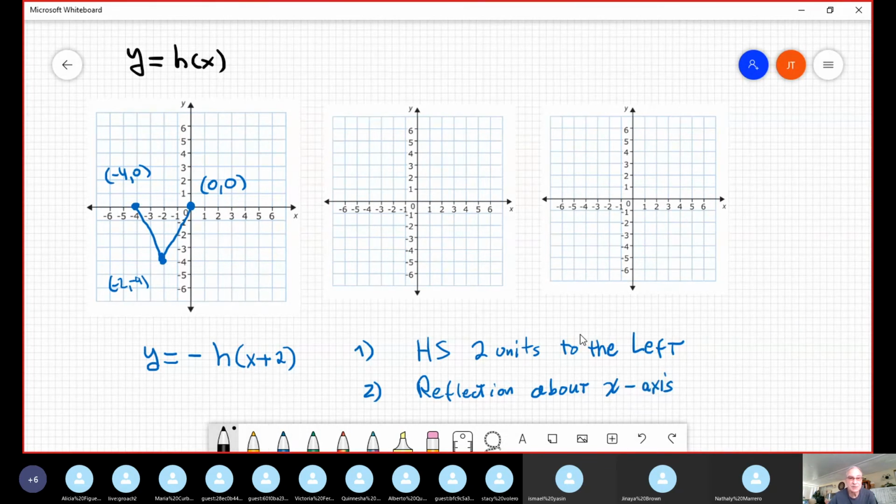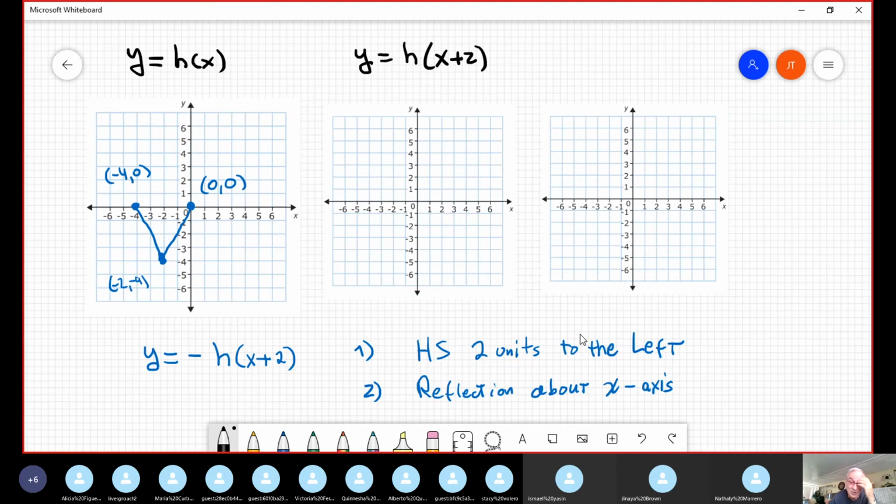The first step is y equals h of x plus 2. For x plus 2, I take the 3 endpoints as reference, but the entire curve is moving 2 units to the left.